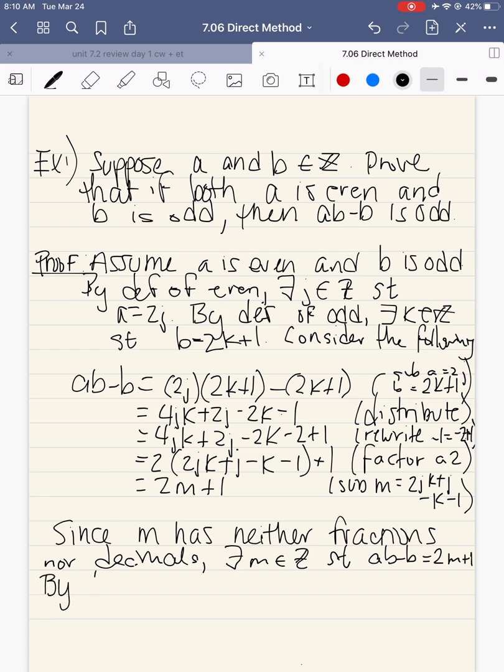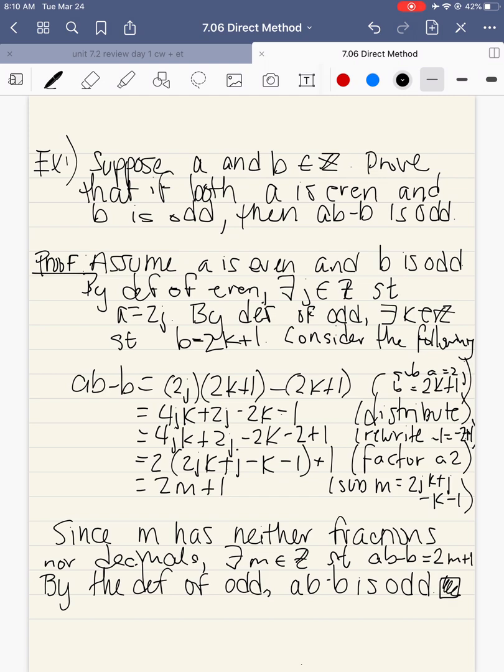So by the definition of odd, ab minus b is odd. We're done. That's our proof.